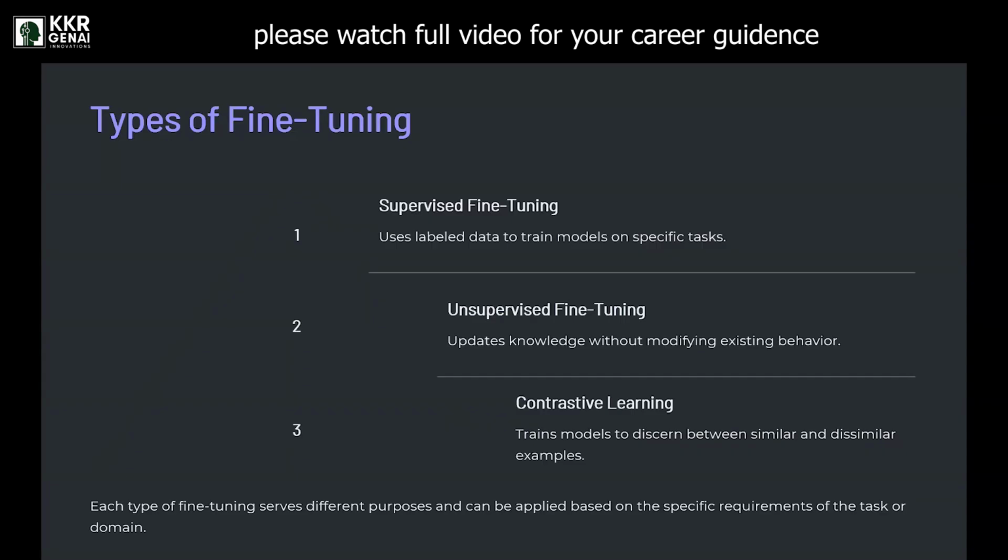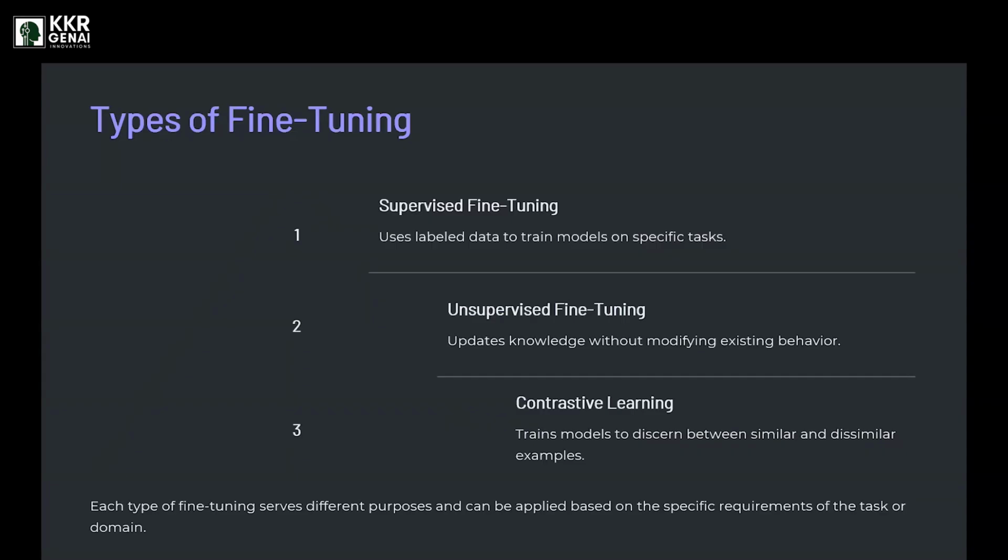Unsupervised fine-tuning operates on unlabeled data, which focuses more on adapting the model. Whenever I say model, the model is an LLM. The model consists of weights and biases, so internally it holds information which it has been trained on. But you want to do it in a domain-specific way with unlabeled data.